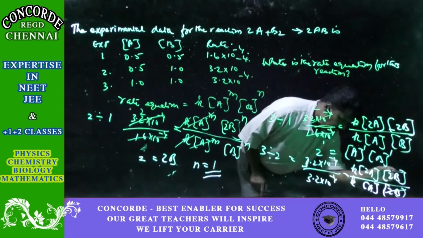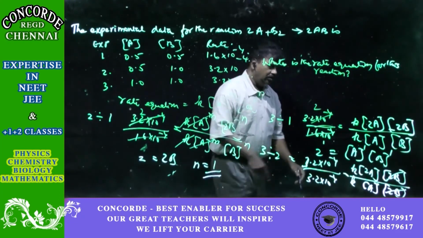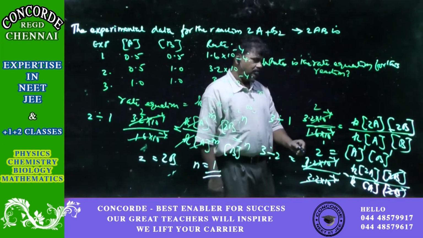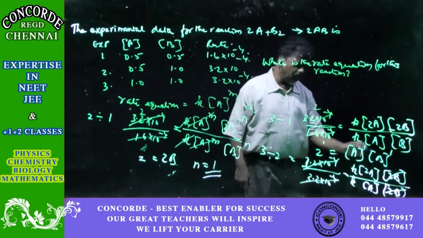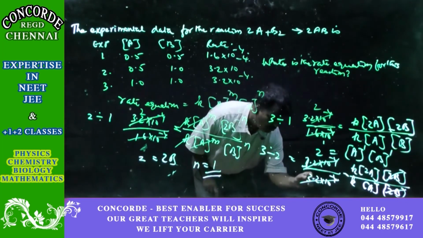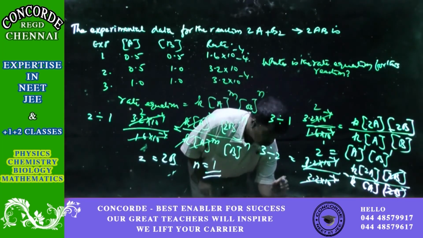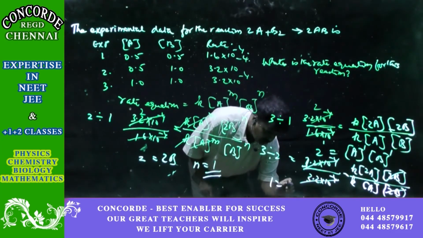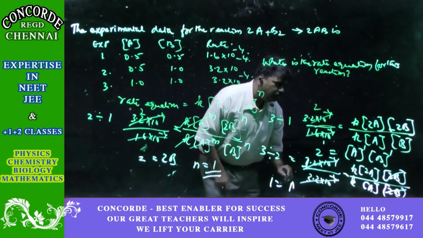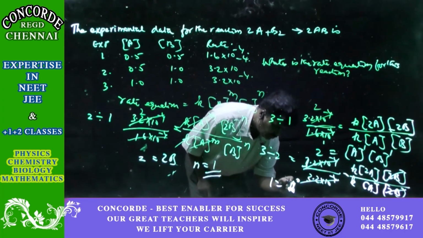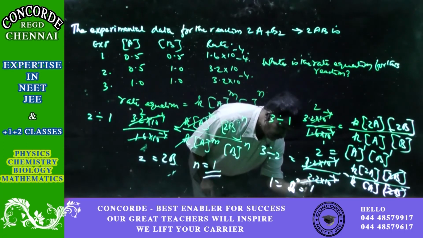So I am cancelling. Okay, or 2 power a is equal to 2 power 0. So this is 1, 1 is equal to 2 power 0, or a is equal to 0.